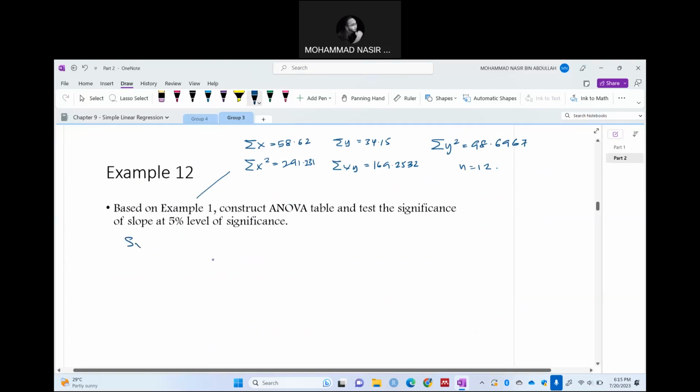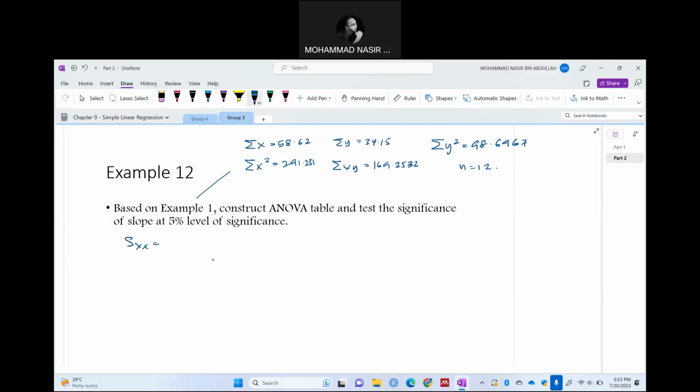SXX is the summation of x square minus summation of x, squared, divided by n. So this is 291.231 minus 58.62 square divided by 12.